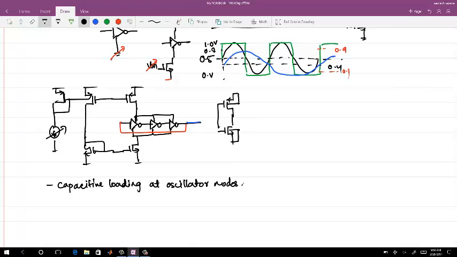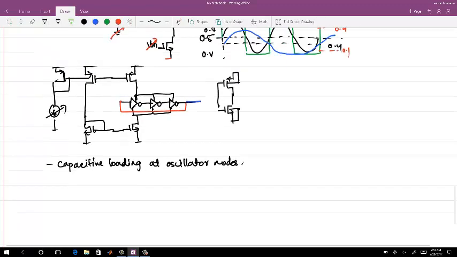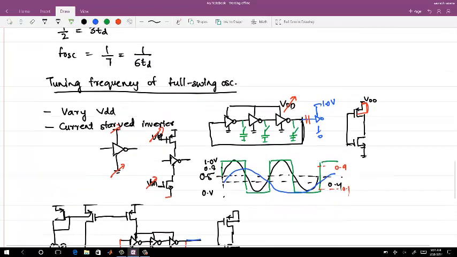In case you want a very wide change in the frequency, where you're changing the supply, let me give an example. Let's say you are using this ring oscillator in 65 nanometer, spanning maybe from 1 gigahertz to 5 gigahertz. It's not easy to get that change by controlling only the supply.